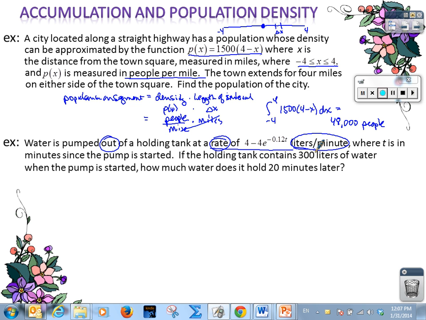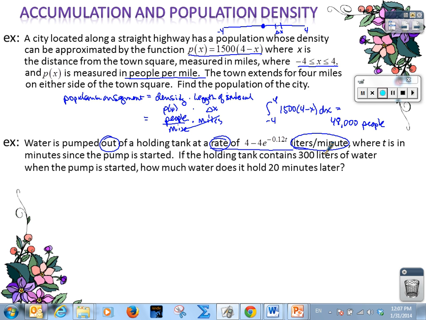So it's important to note that our formula, our derivative, was created in terms of minutes. We have to pay attention to that in case they give us time in hours or something. We just need to be sure that our units match. So the equation is written in liters per minute.